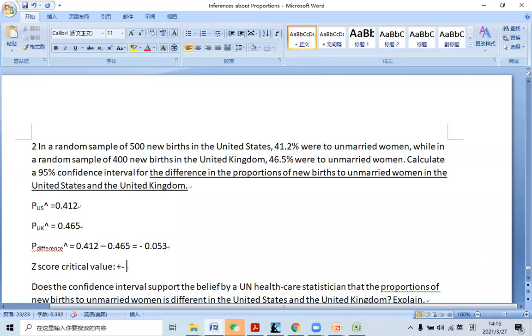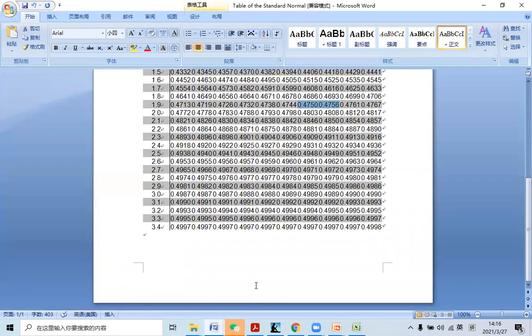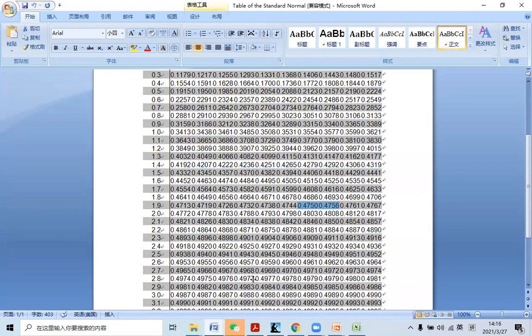You can't do a one-tailed test on the confidence interval. So 95 divided by 2, you got 47.5 on each side. And you look at the Z table.